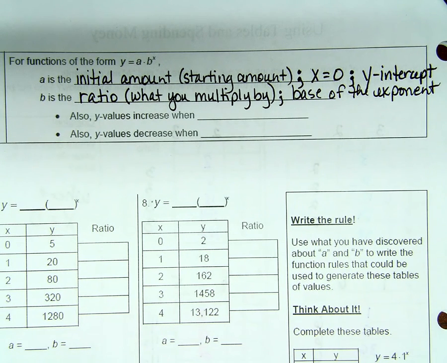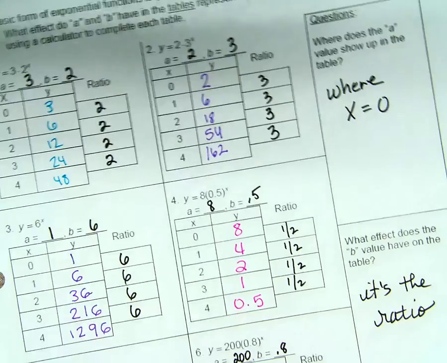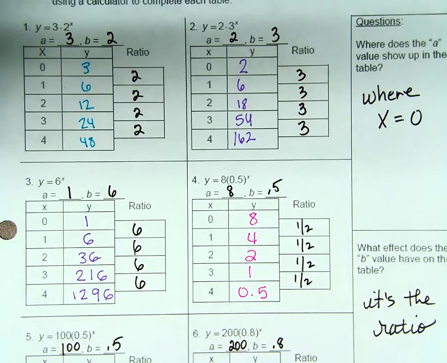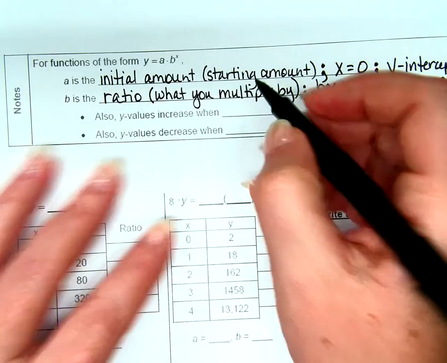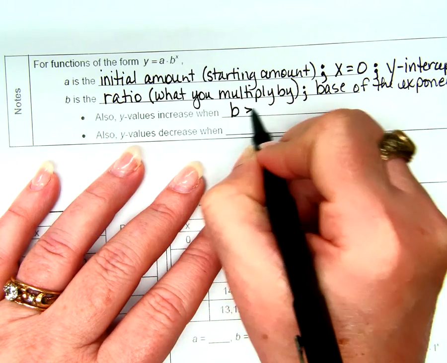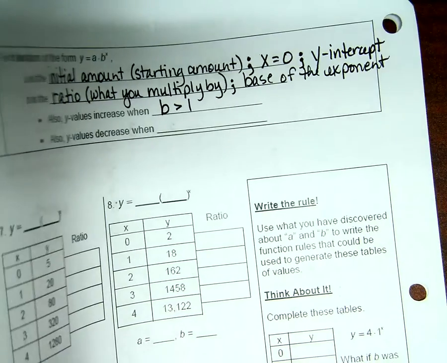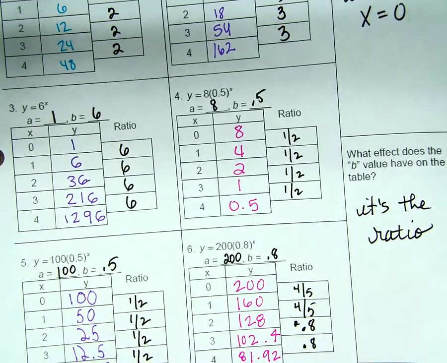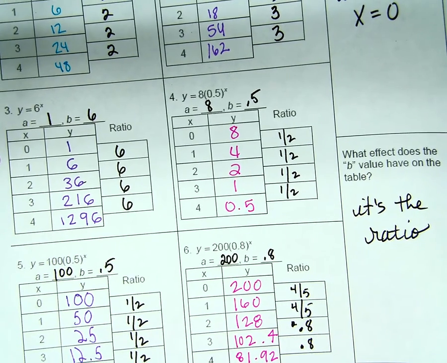Look back at our tables real quick, please. When are the y values increasing? When what is greater than 1? When the base is greater than 1? So can I say when b is greater than 1? And when are the y values decreasing? When b is less than 1? Oh, okay.